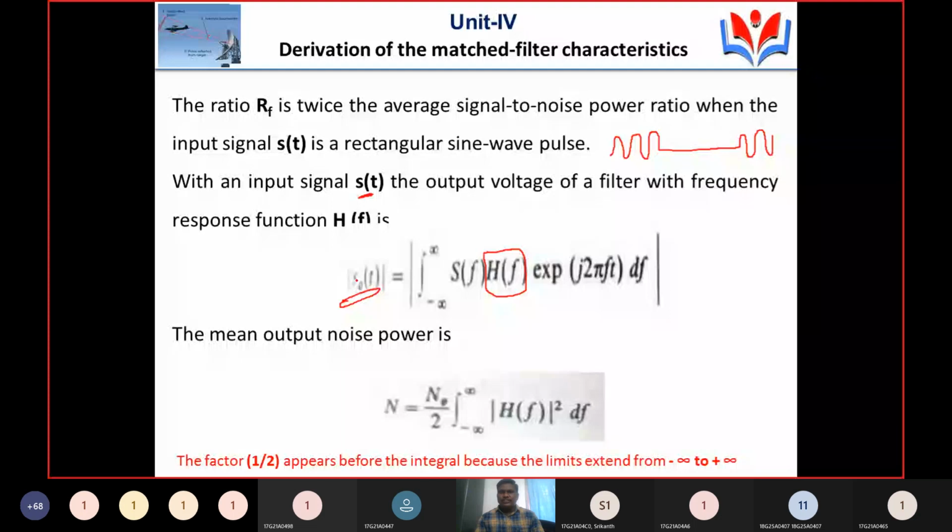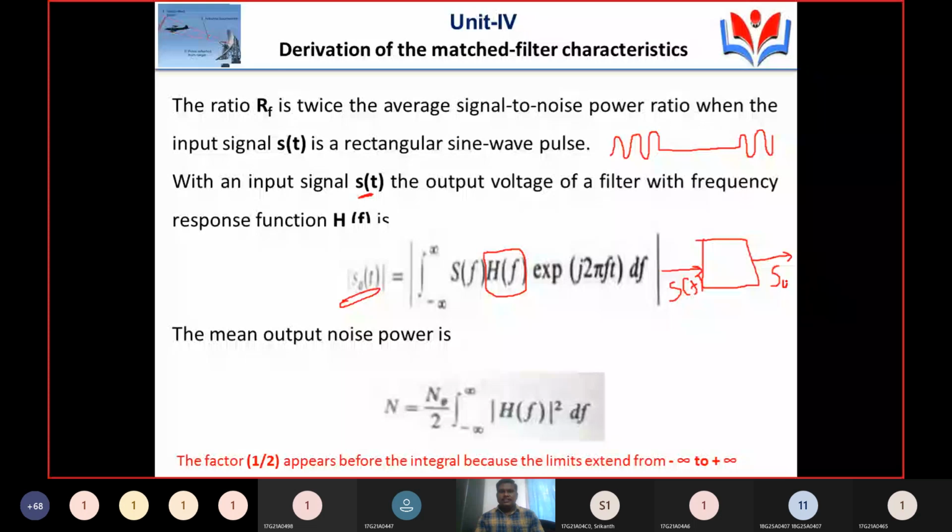Here, in the frequency domain, the received signal is defined with S of f. The output of the system is S naught of f, and this is the matched filter.